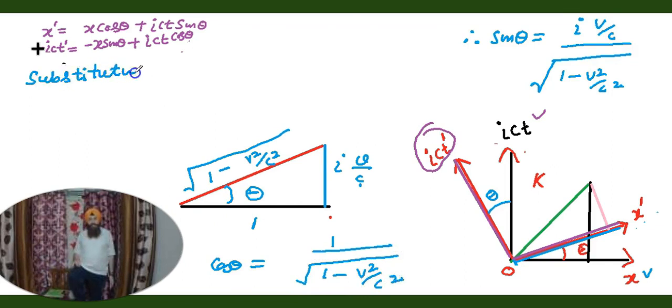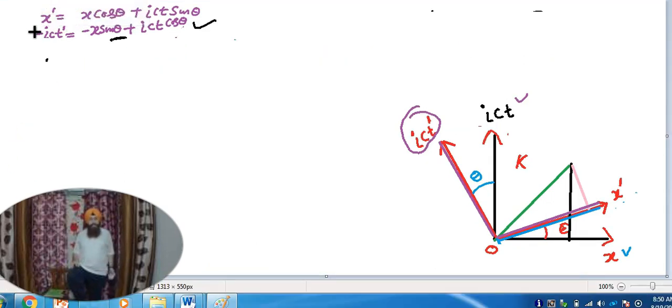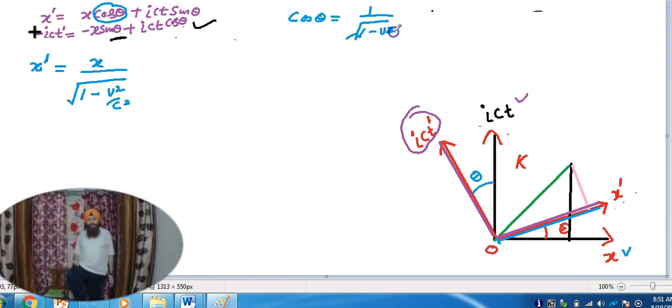Now substituting the values of sin theta and cos theta in the above equations. So the first equation becomes, just substituting cos theta, because cos theta is equal to this and sin theta is equal to this value.